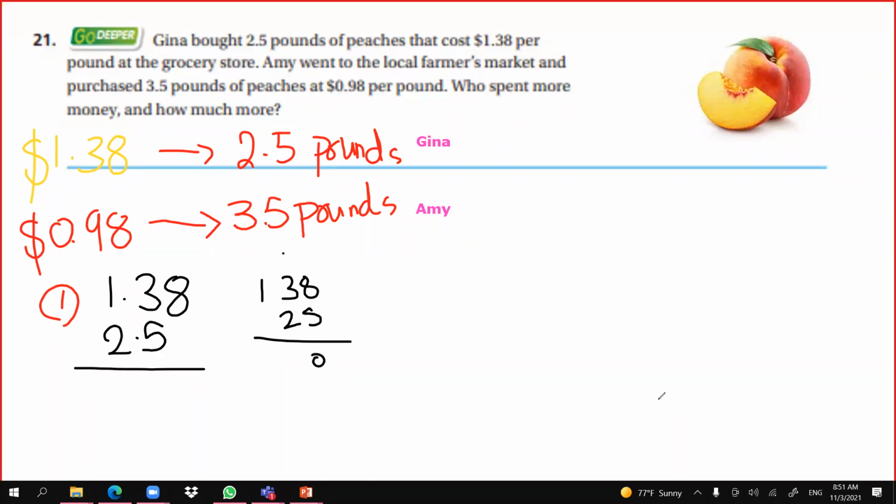So 40. 5 times 3 is 15, plus 4, 19. 5 times 1, 6. Bravo. First add 0. 2 times 8, 16.